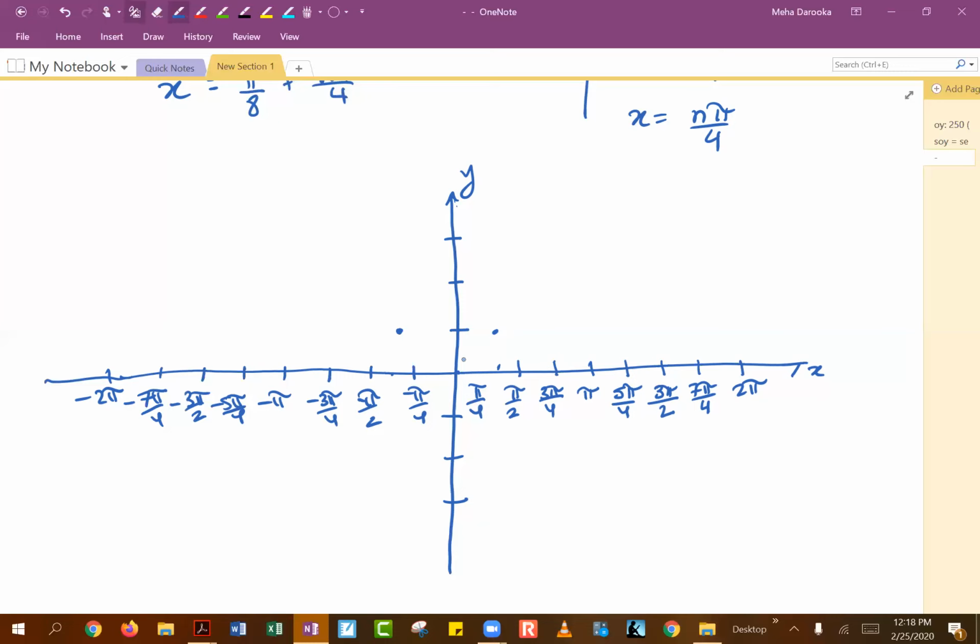About halfway between pi halves and 3 pi over 4. So that would then be at (2, 4), which would be somewhere over here. (-2, 4) would be somewhere over there.